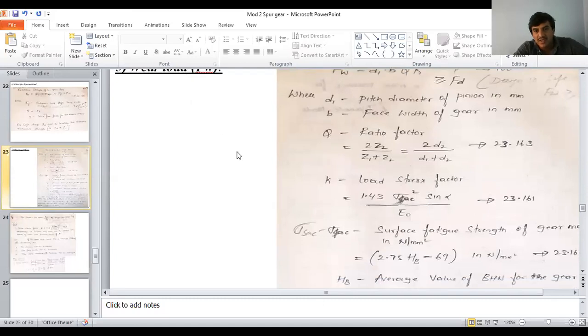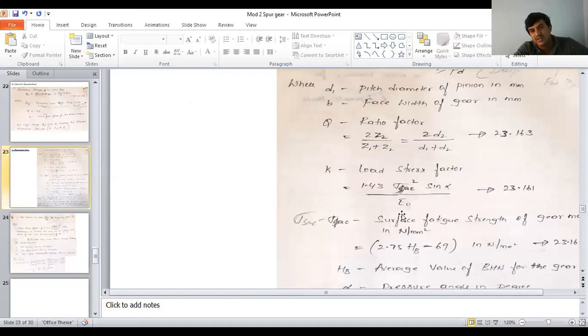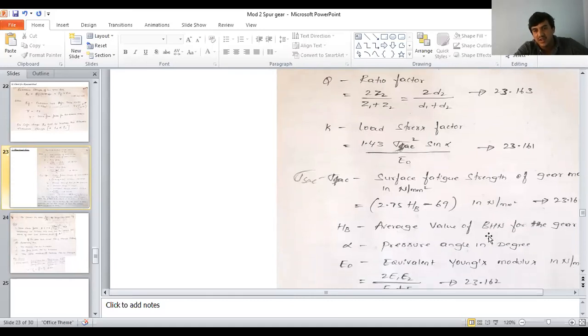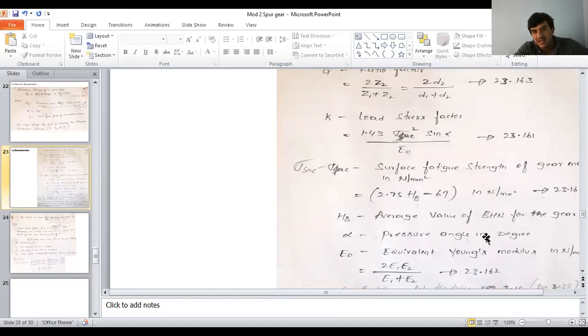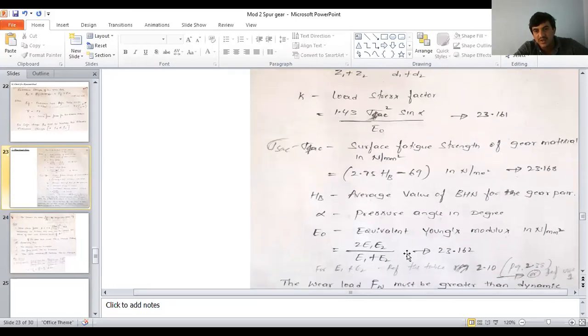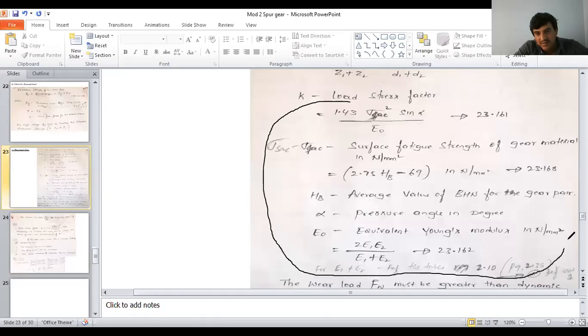The surface fatigue strength is in terms of the hardness number, and the calculation again depends upon Young's modulus. How do you take Young's modulus? By referring to volume number 1, table 2.10 for a given material. These formulas are used when the BHN value is given for the gear and pinion.